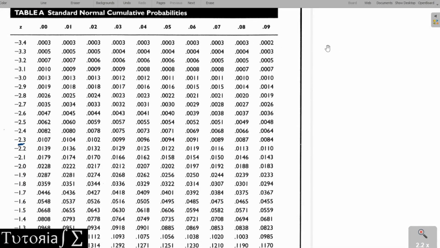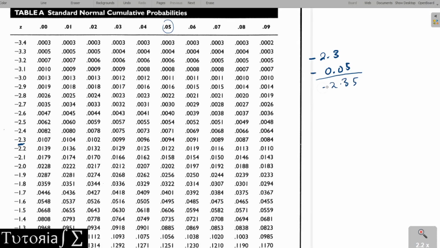So basically this is the same thing as getting -2.3, then adding with -0.05. We're not subtracting, we're adding the two.